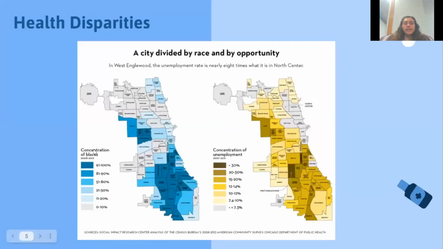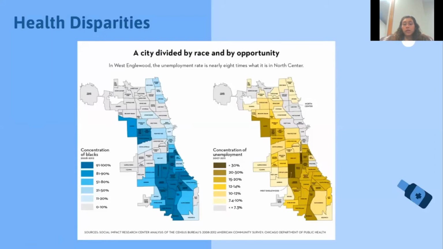All right, moving on to the next slide, we wanted to talk about health disparities in general. And I included this chart of the city of Chicago and how the concentration of African Americans relates to unemployment, and how that is a disparity in its own. So, lots of times we've talked about how it's easier to obtain a job when you have a name that doesn't sound a certain way.